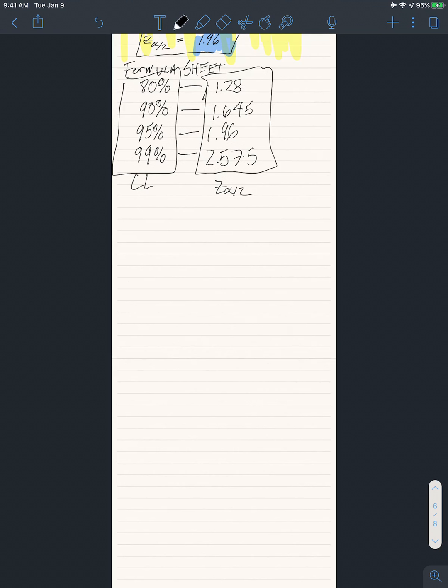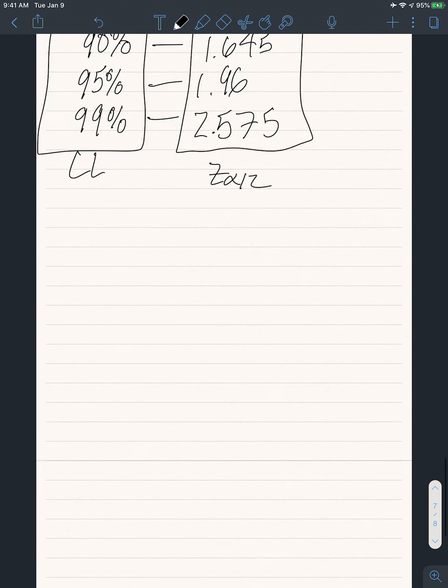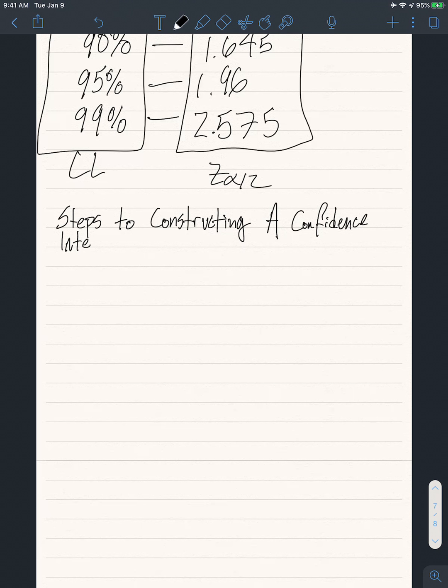So let me go back and recap the steps to constructing a confidence interval for proportions.